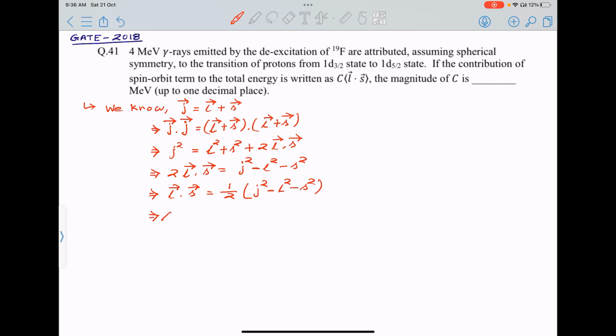So the expectation value of L dot S will be half of J times J plus 1 minus L times L plus 1 minus S times S plus 1.